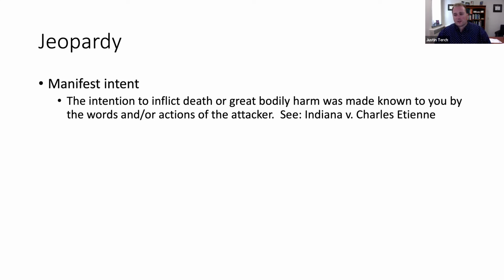They were within the range of the weapon. No doubt about those two. But I wasn't in jeopardy because I had no way to believe that anybody there was going to shoot me. Nobody made a comment they were going to shoot me. Nobody acted in a way that a reasonable person would believe they would shoot me. And because jeopardy wasn't there, there would be no legal justification for me to do anything.